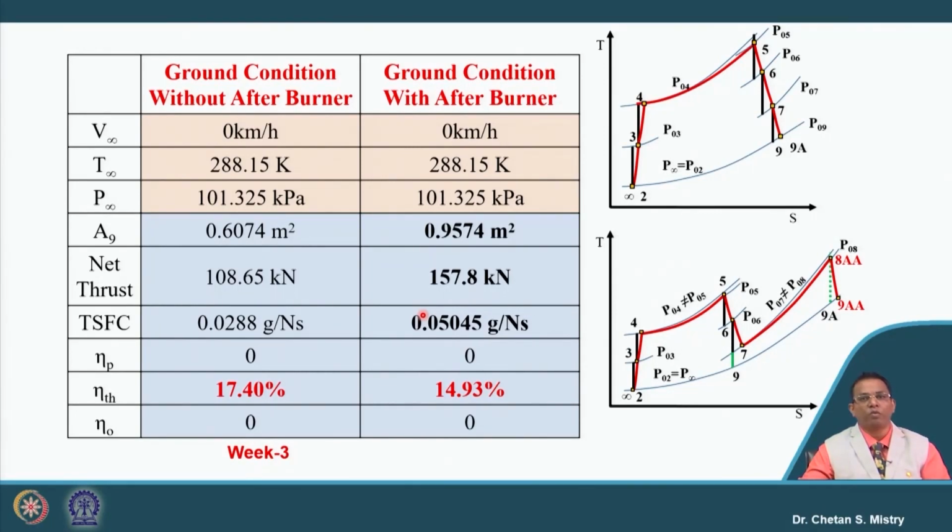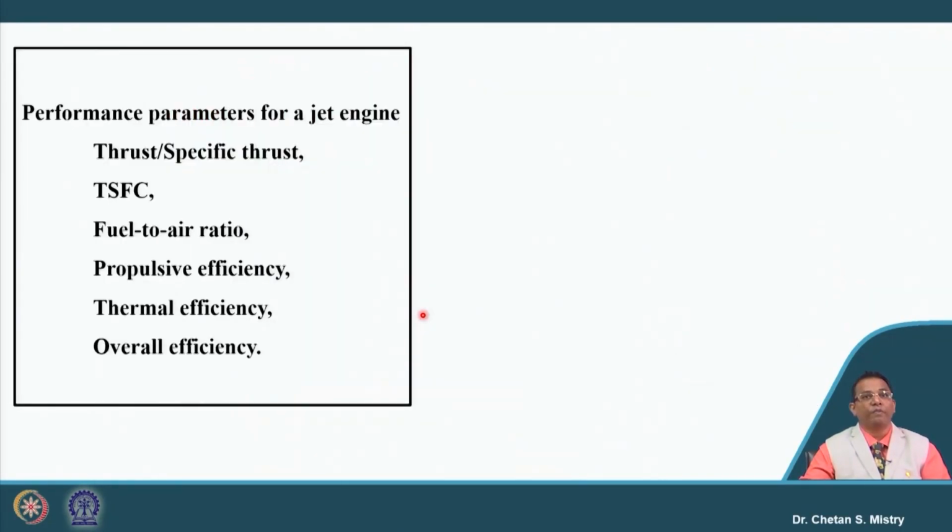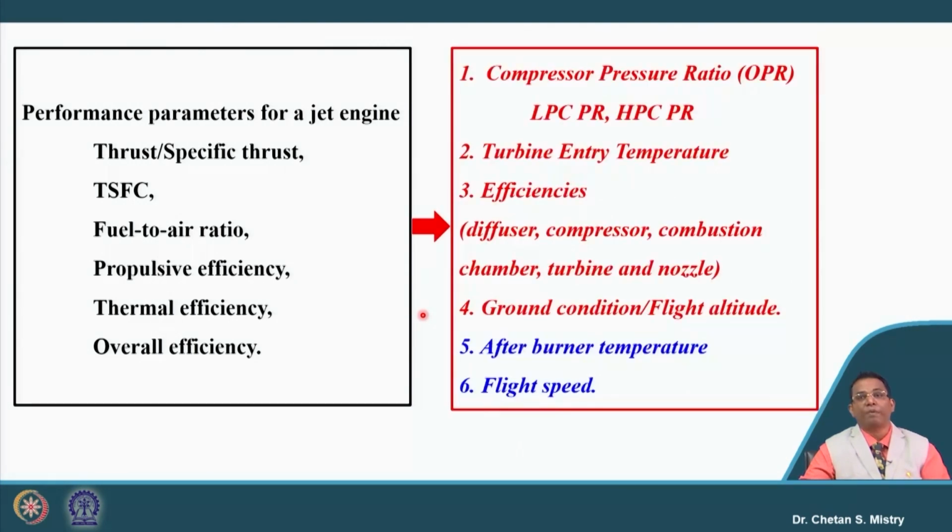So, let us try to recall what we have done in this calculation. We want to understand the effect of different parameters on the performance. Our performance parameters are thrust, thrust specific fuel consumption, fuel air ratio, propulsive efficiency, thermal efficiency, and overall efficiency. The cycle parameters affecting this performance are the compressor pressure ratio, or overall pressure ratio.